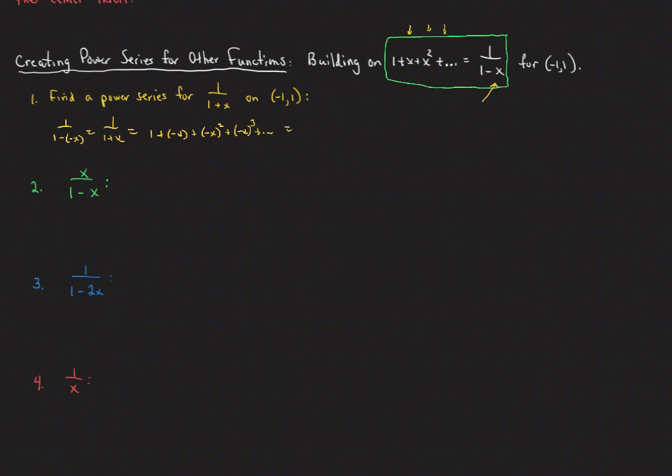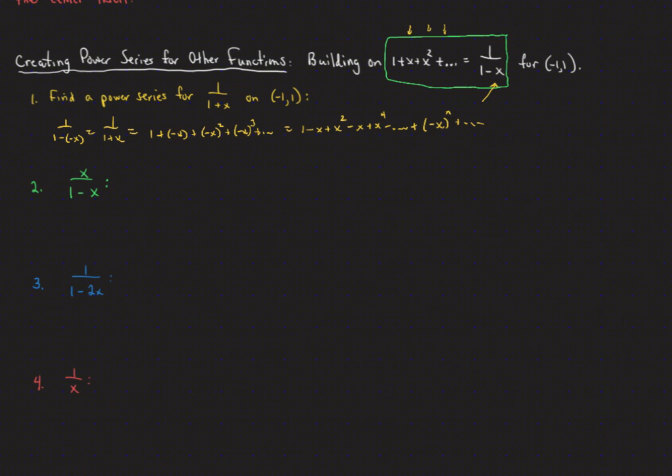Of course, every time we get an odd power it's going to be negative, but every time we have an even power it's going to be positive again. So you get what we will call an alternating series, and we can say negative x to the n is going to be that nth term. Okay?